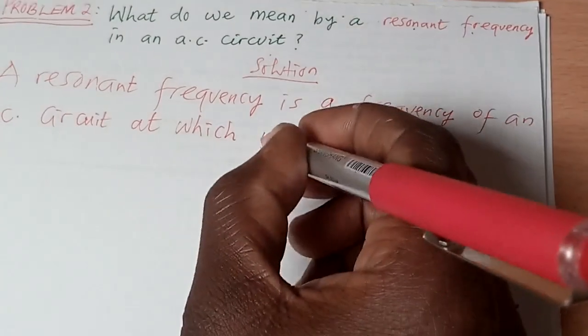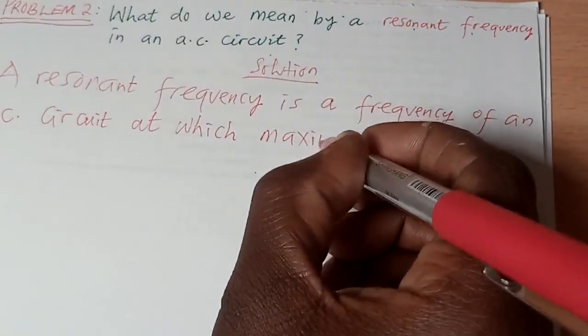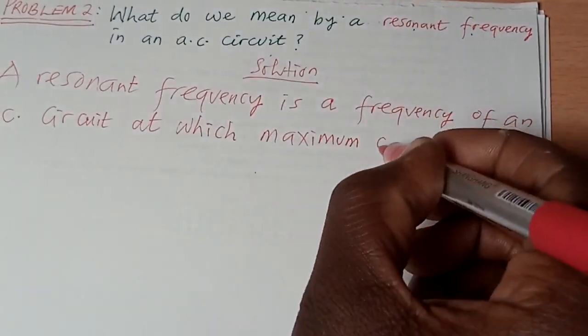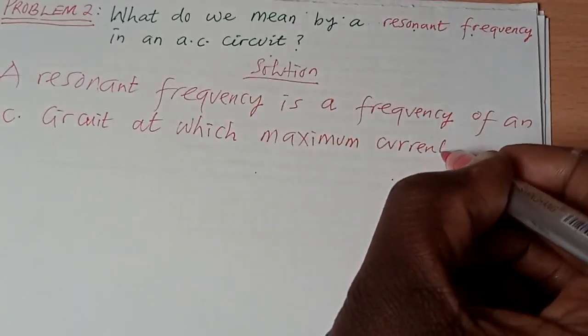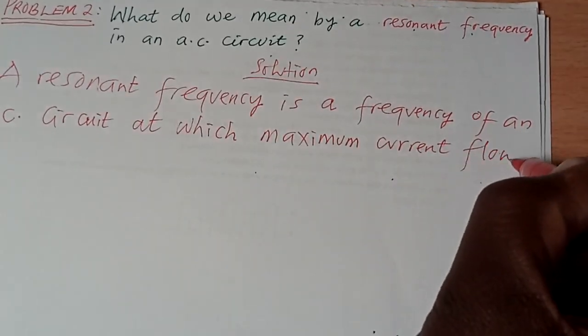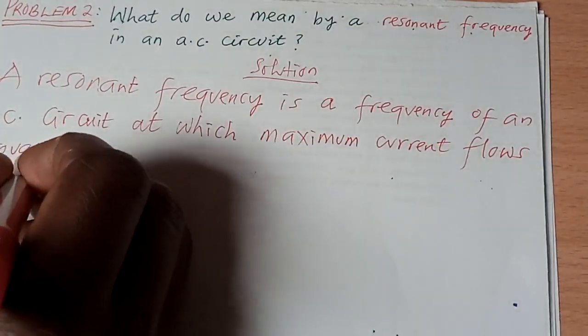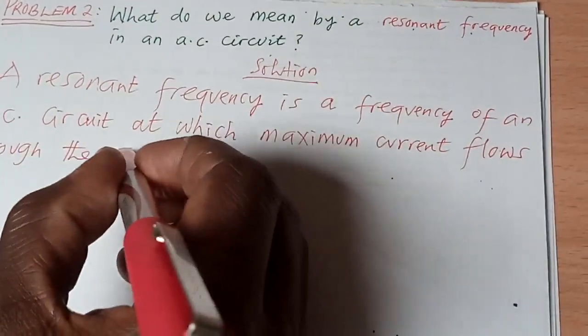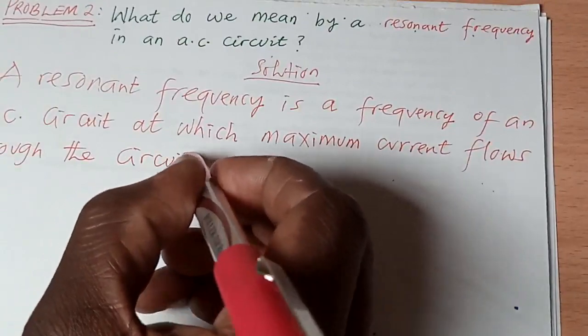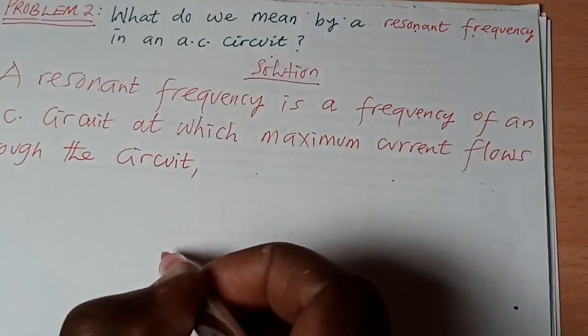Number one, maximum current flows through the circuit.